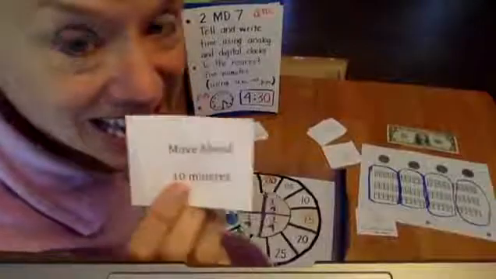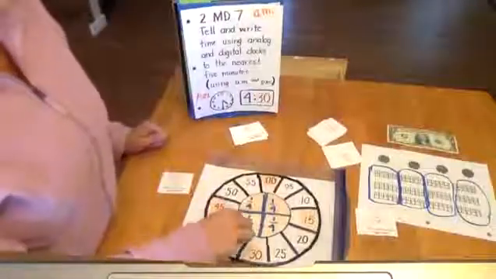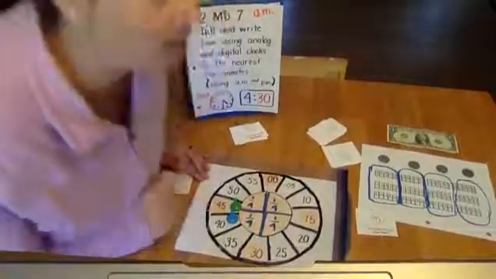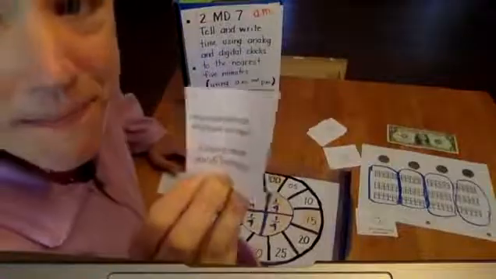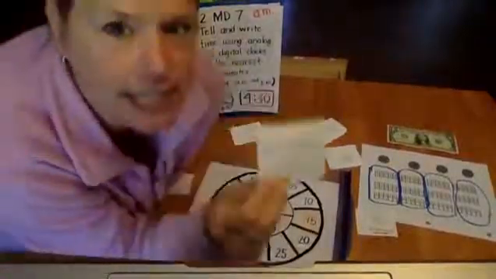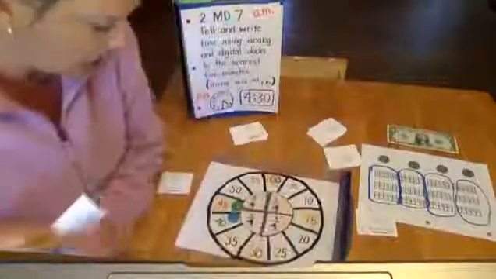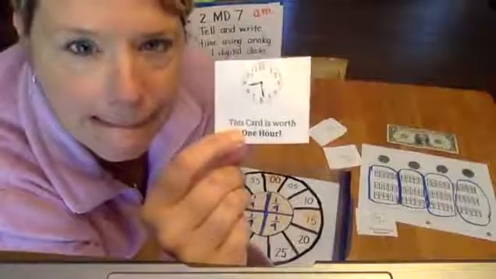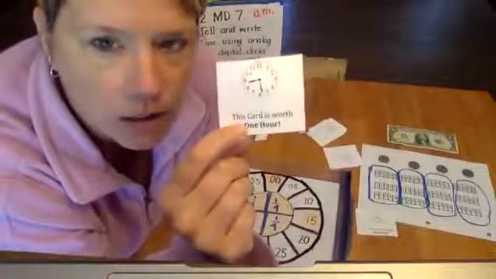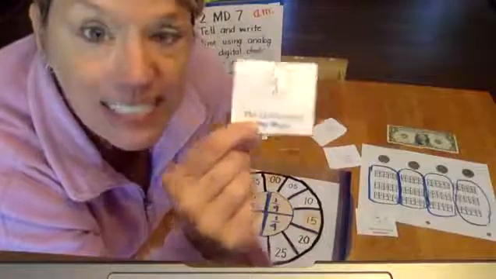Move ahead 10 minutes. That's Miss Street. 5, 10. Landed on a quarter-hour card. Go, Miss Street. How many minutes have you gone? Now that's something different. How many minutes? I know I've been 1 hour. How many minutes are in 1 hour? 60.